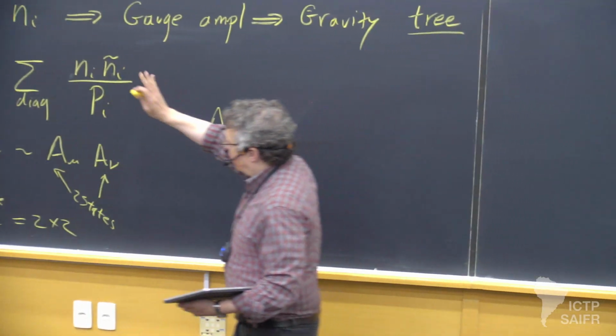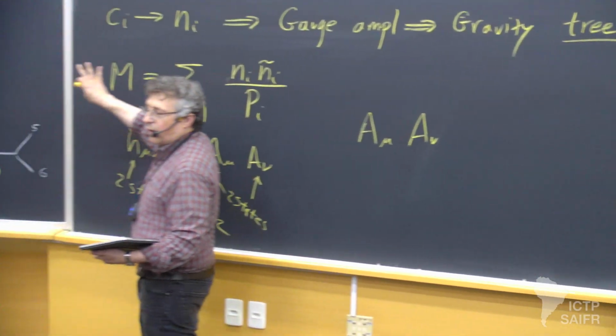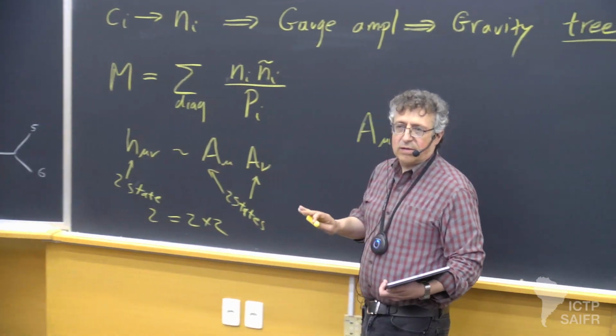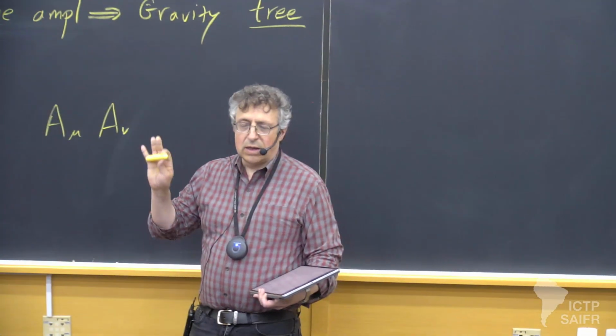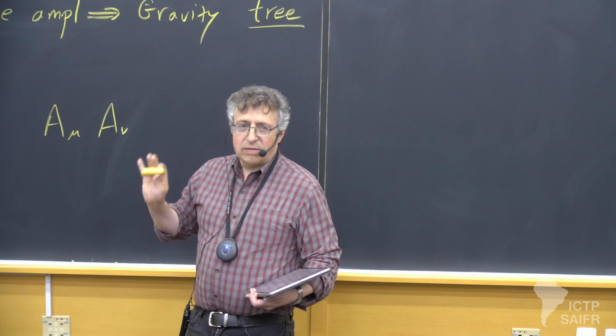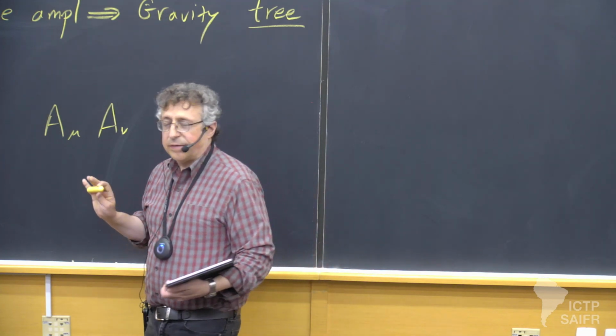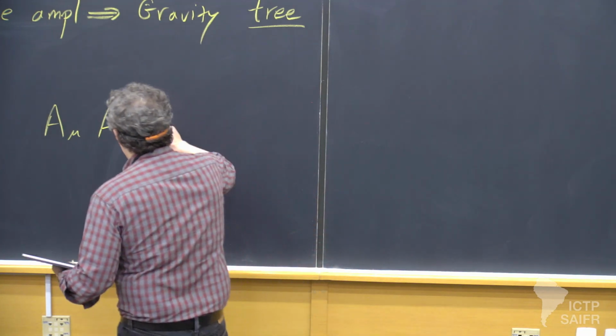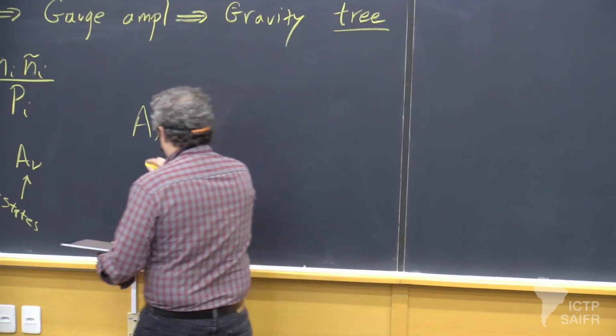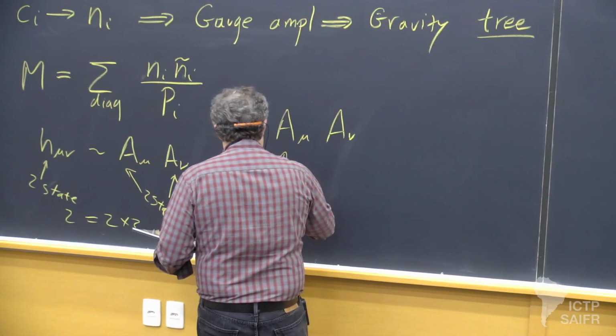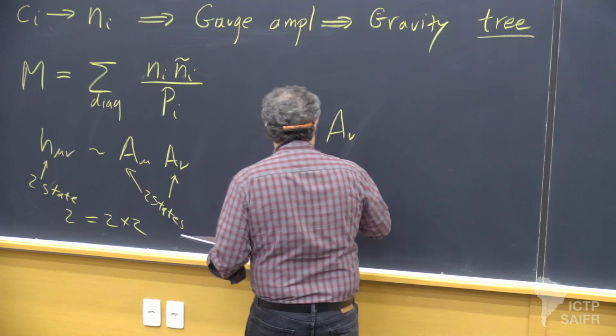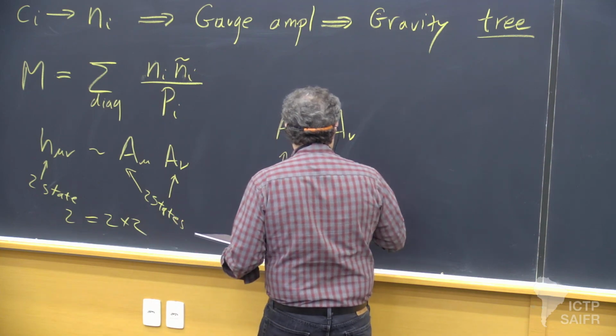Something else very important: everything I'm talking about here works in d dimensions. And that's, again, very important for loops, because we're going to use dimensional regularization. Okay? So, A_mu, well, we can count. This has d minus 2 states. This has d minus 2 states.